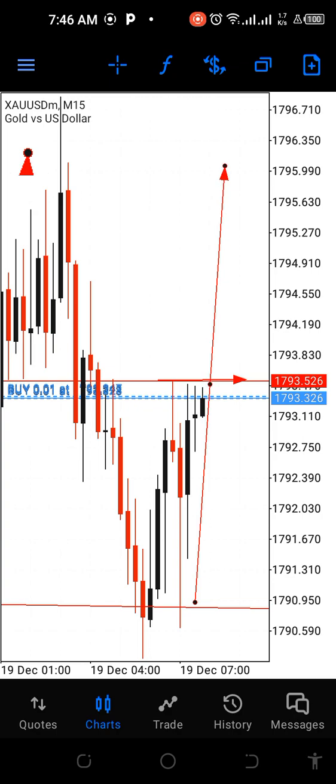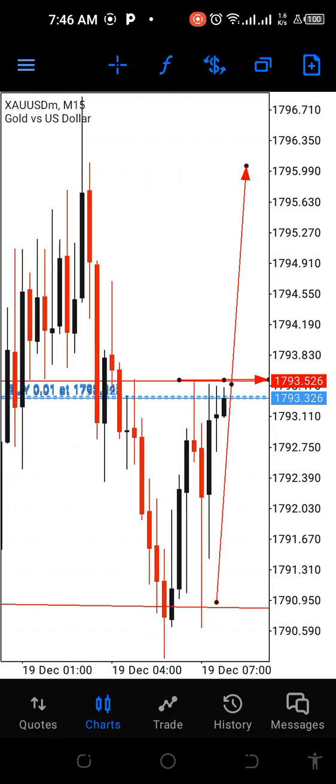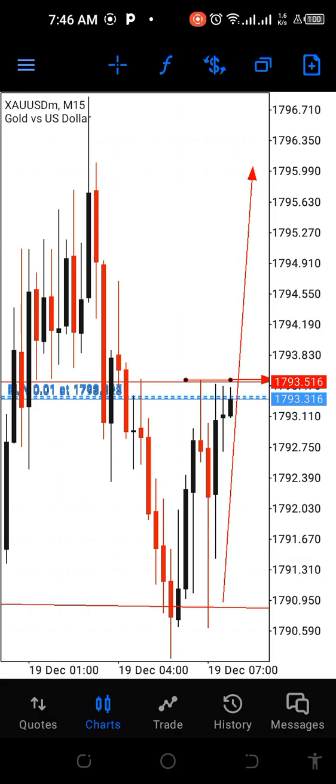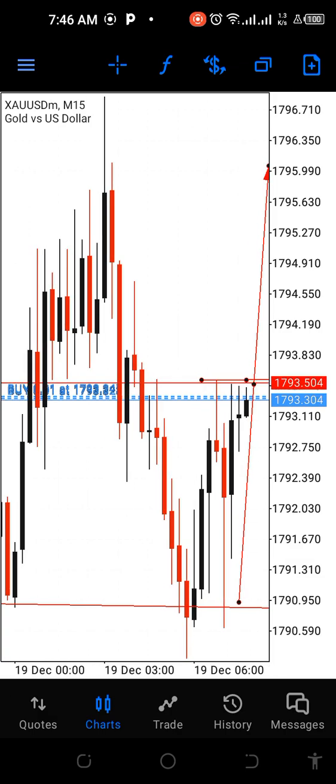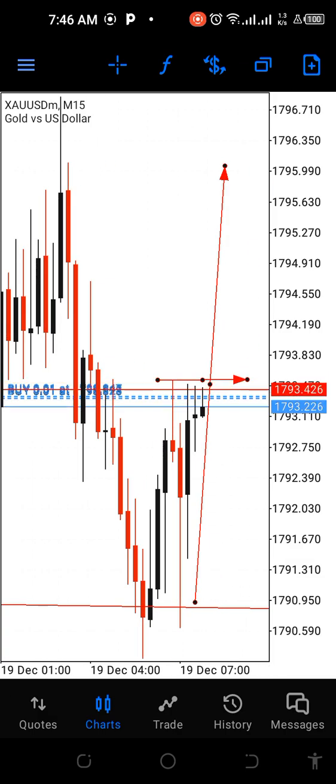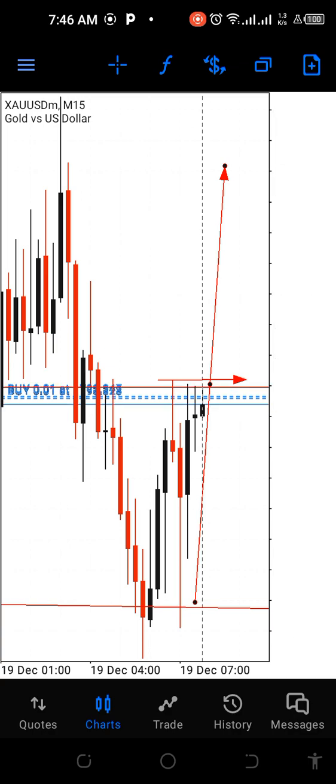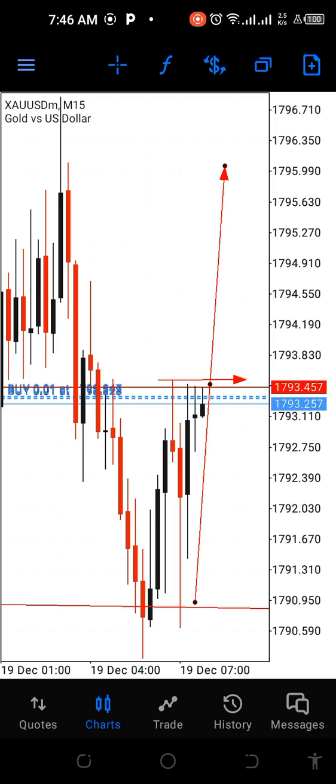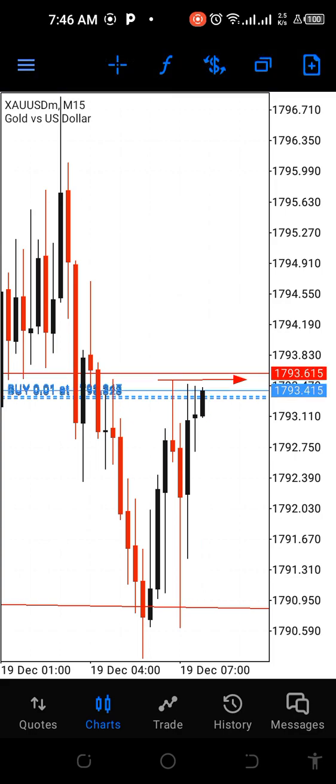Otherwise, that place tends to be a barrier, rejecting price over there. So the candlestick needs to close beneath that rejecting level.